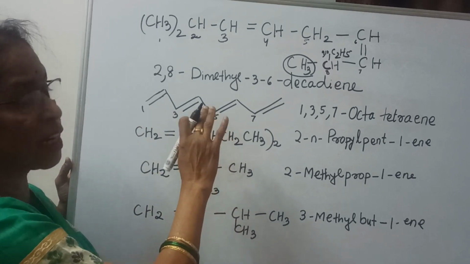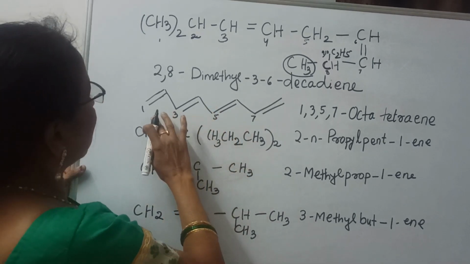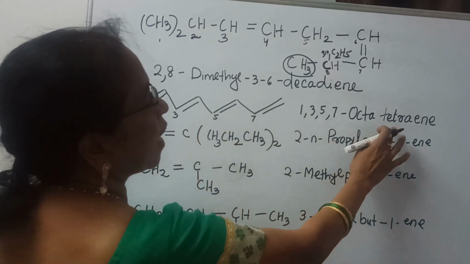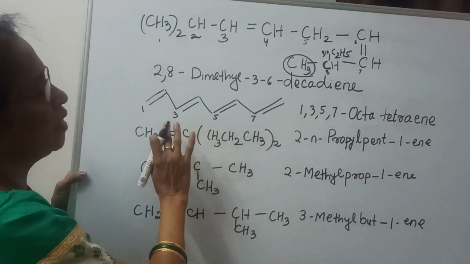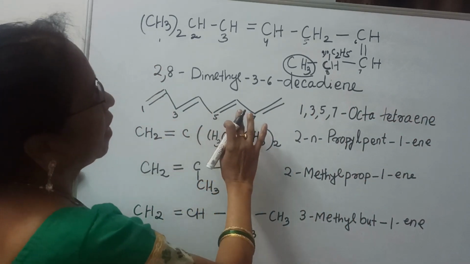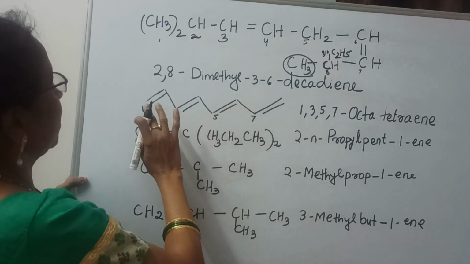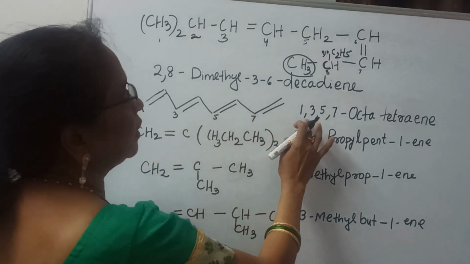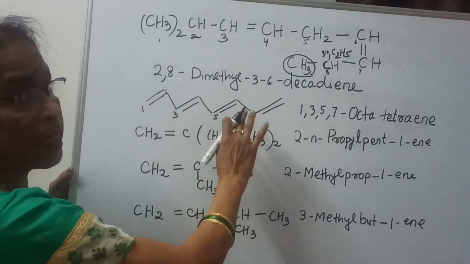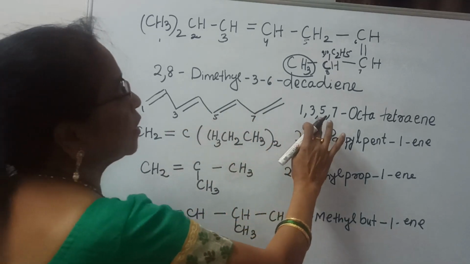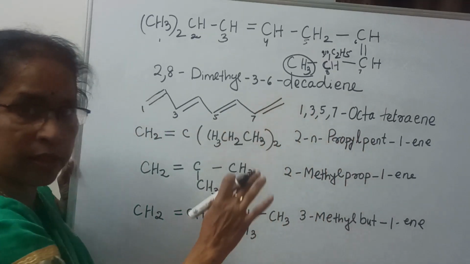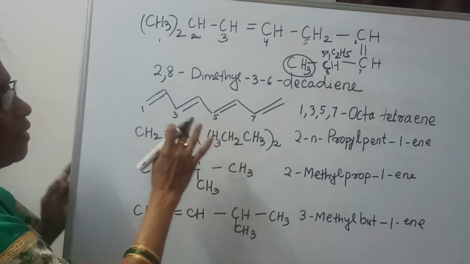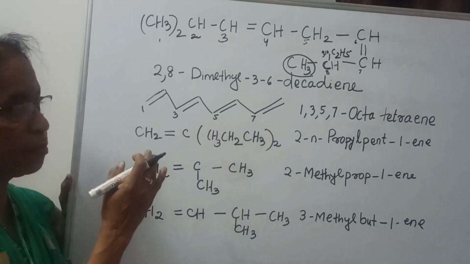How many double bonds are there? That is tetra, 1, 2, 3, 4, tetra-ene. Here how many carbons? 1, 3, 5, 7, and totally carbon is 8. That is why 1,3,5,7-octatetraene, tetra 4, ene means double bond.